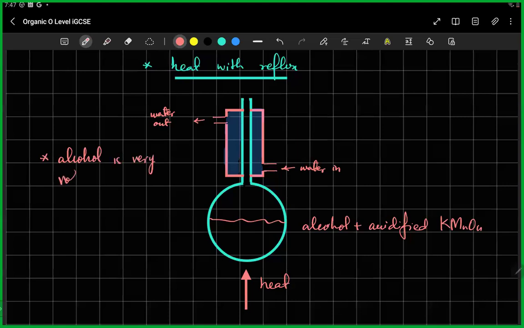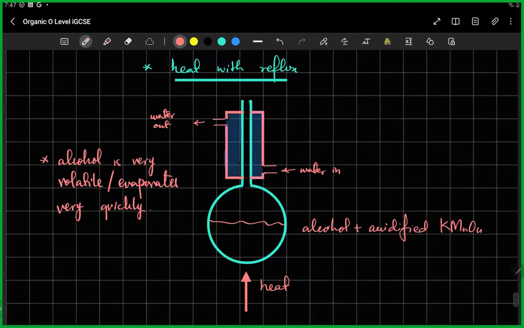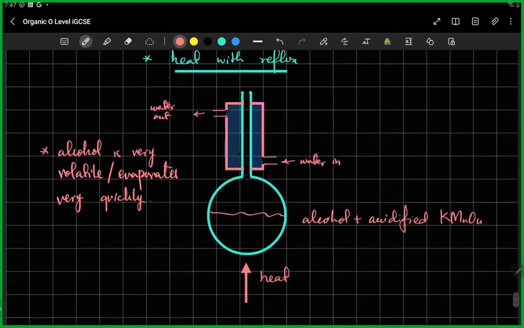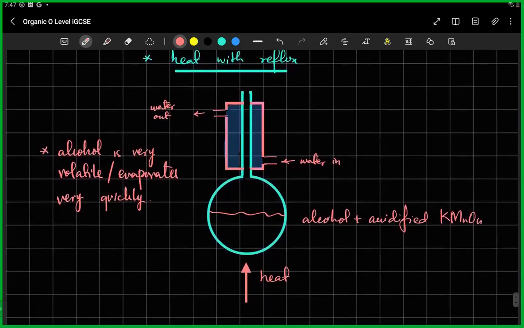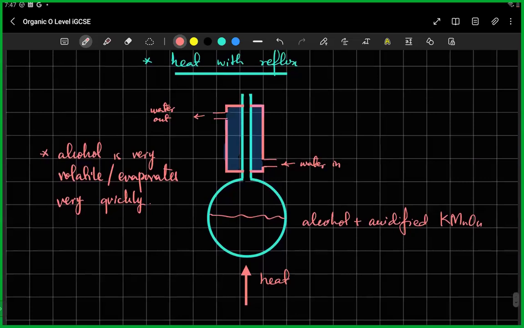अच्छा, very volatile का क्या मतलब है? It evaporates very quickly. अच्छा, अब issue ये कि heating is very important.